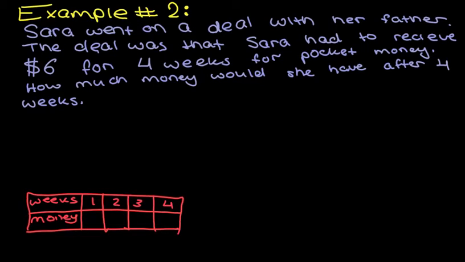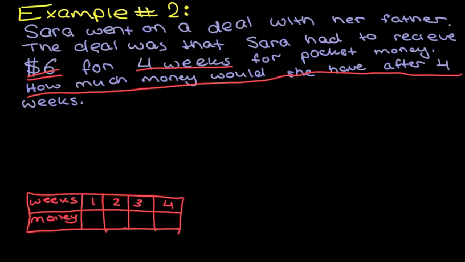Over here it says $6 for 4 weeks. So, the question is asking you, how much money would she have after 4 weeks? So, if we write here, for the first week, she would obviously have $6.